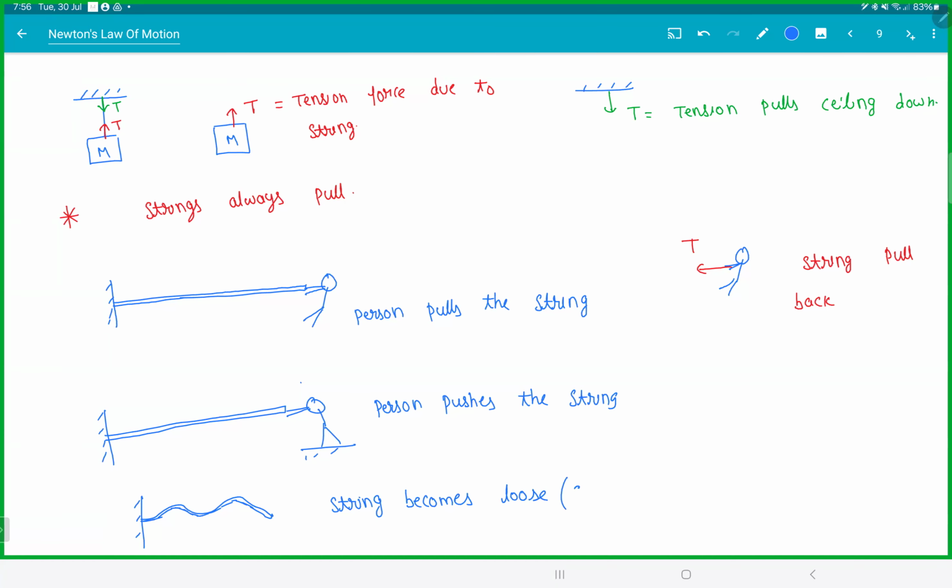The word is slack. They say sometimes the string has become slack. That means there is no tension. You can try this with a phone cable and see. You try to pull it, it will come. You try to push it, it just becomes loose.